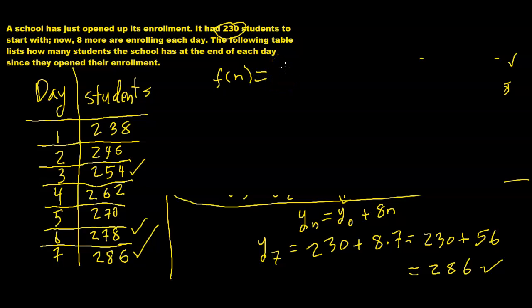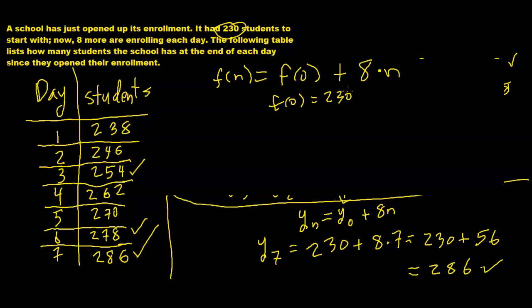Since we're not using y, we're not going to use the subscript y for the initial value, we can just call it f of 0, or just 230, plus the common difference 8 times n, right? f of n equals f of 0, that's your initial value, plus 8 times n. So we know f of 0 equals 230, since that's the initial value.